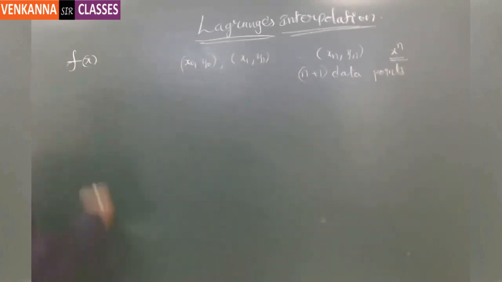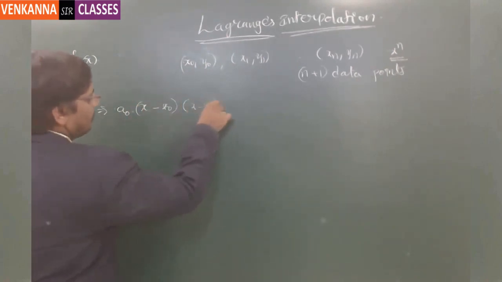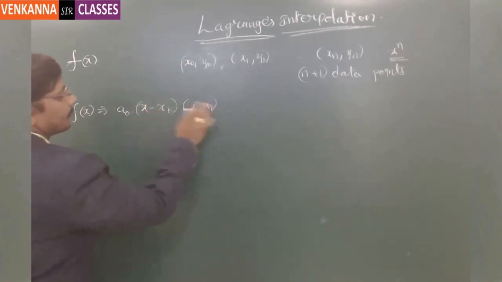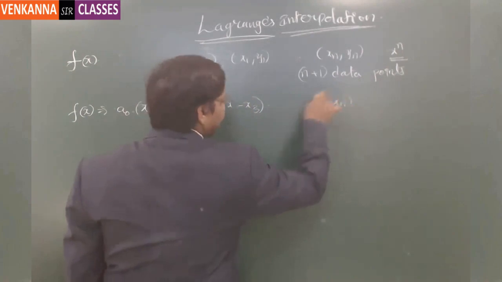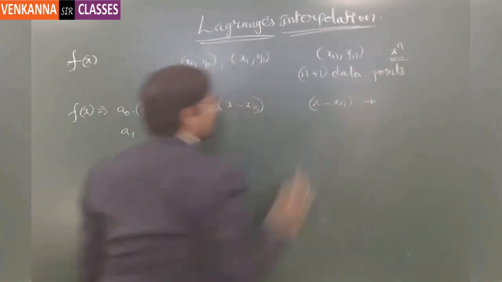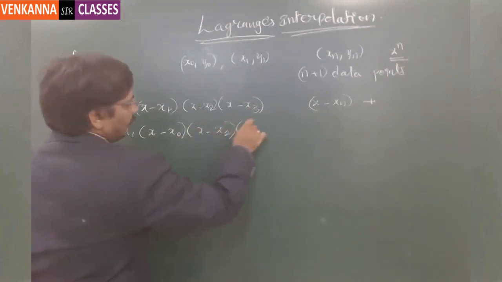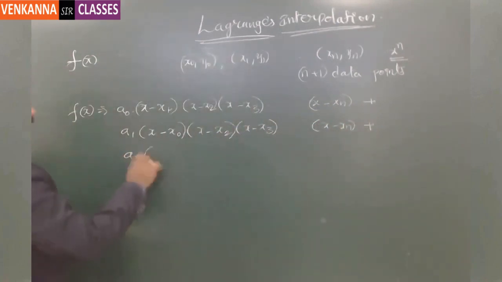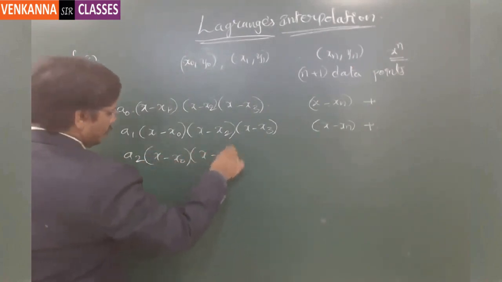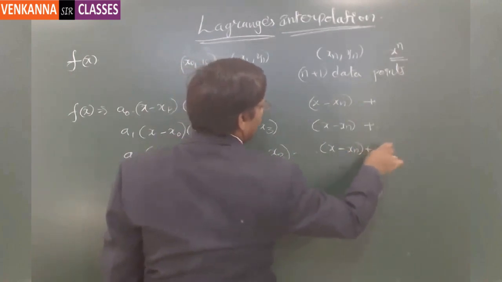We can construct this as f of x equals some constant a0 multiplied by x minus x1, x minus x2, x minus x3, up to x minus xn, plus a1 multiplied by x minus x0, x minus x2, x minus x3, up to x minus xn, plus a2 multiplied by x minus x0, x minus x1, x minus x3, up to x minus xn, plus so on.